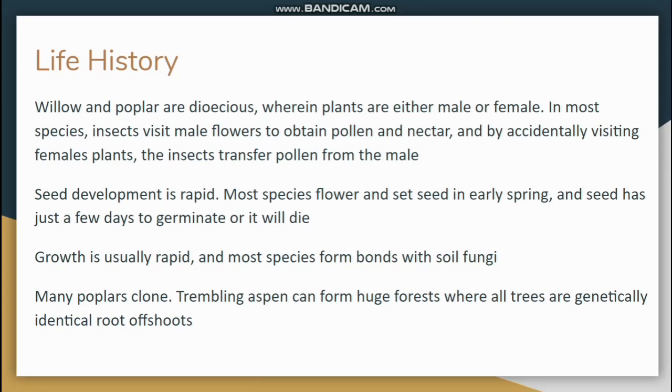This is not like other tree families where these seeds are dropped in the fall and they germinate the following spring. This is a group wherein the seed is dispersed, viability is very short, so you can't store the seeds for more than a week before they die, and they would land on the ground and within a day germinate.